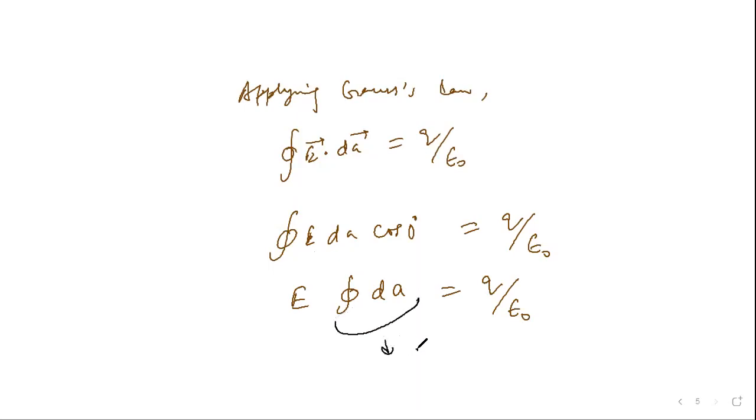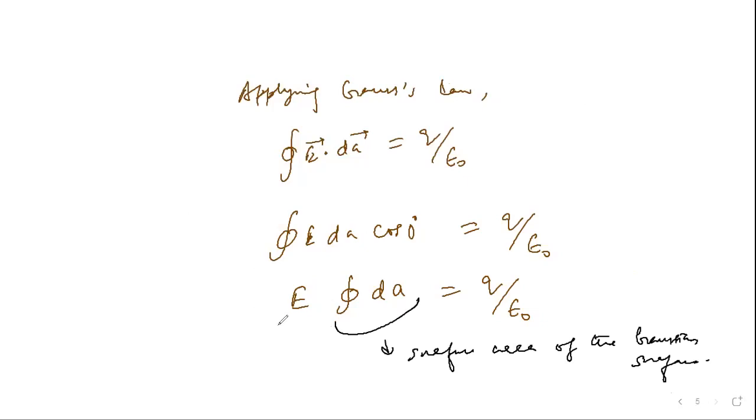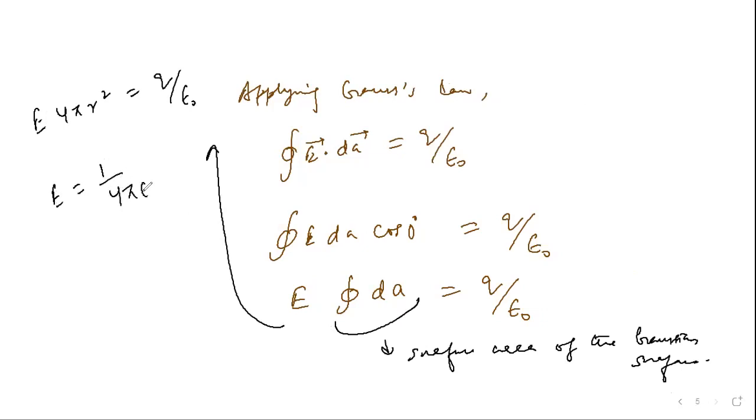This is simply surface area of the Gaussian surface, which is simply 4 pi r square, because it is sphere with radius r, right? So what I get, E 4 pi r square is Q by epsilon naught. So my E is 1 by 4 pi epsilon naught Q by r square.